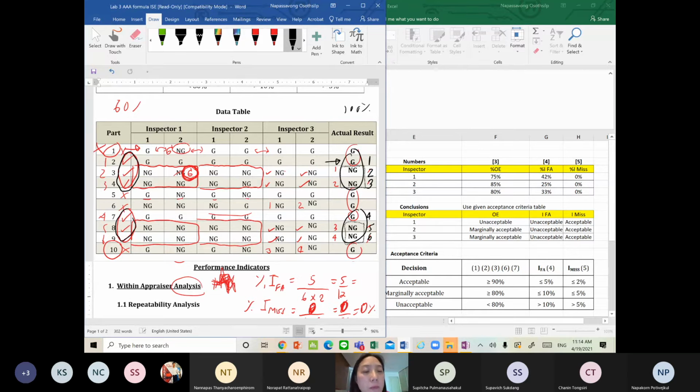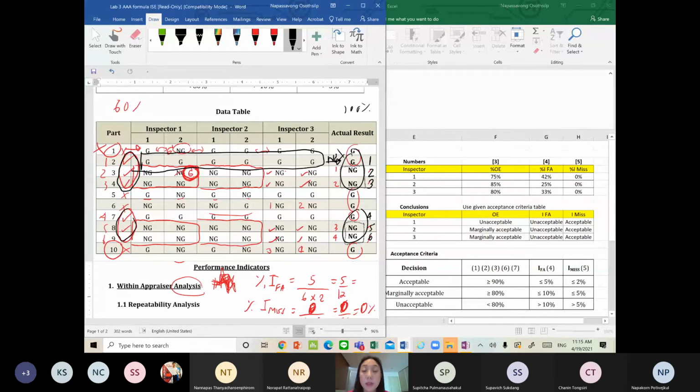But let me give you another example. If part number 2 is all G and the correct result is NG, for example, then reproducibility is okay, but it's not correct. So your percent accuracy will drop. So you cannot count this part as accurate. Did you get that?